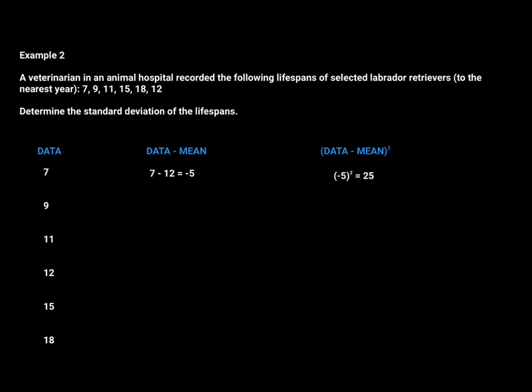Be careful with your notation here. Because you're squaring a negative value, you must use parentheses. Please do not write -5 squared without parentheses. This actually is interpreted as the opposite of 5 squared. So 5 squared is 25, and the opposite thereof is -25. So if this is your notation, you're actually squaring +5 and negating the result.